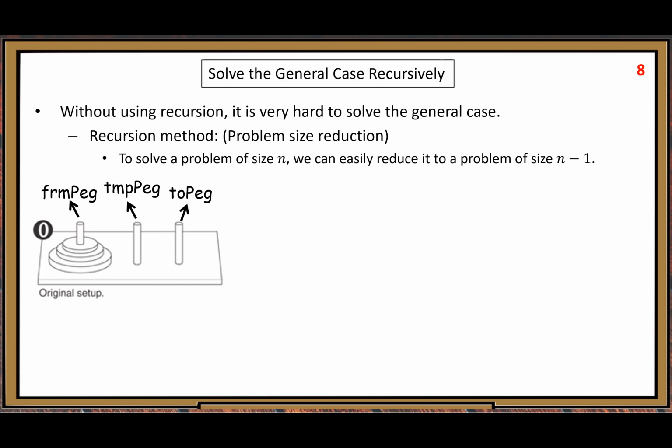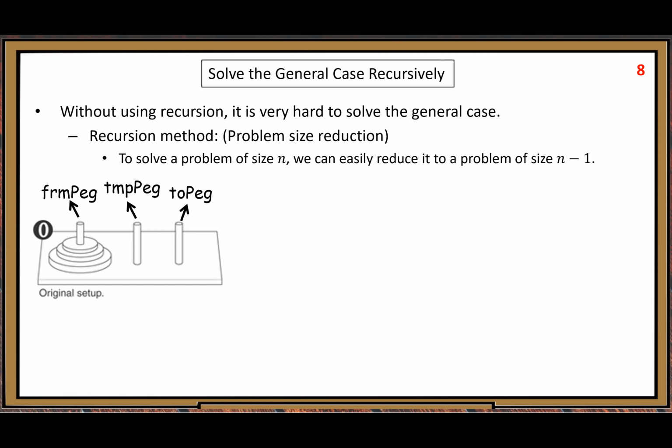All right, so when we start, here we give 3 names for the 3 pegs. From, the first one, the peg we are coming from. Temporary, the middle one, the temporary peg. To, the destination, the to peg.